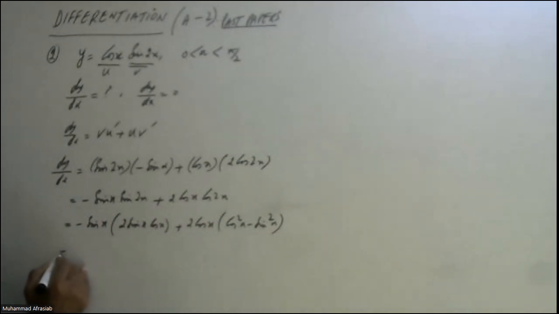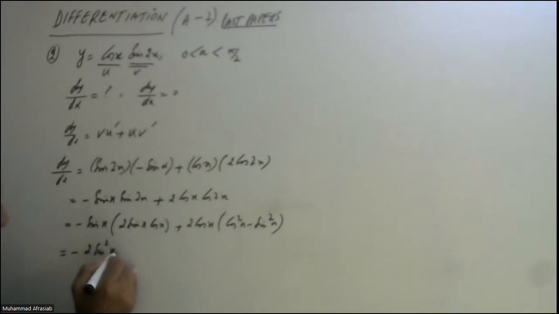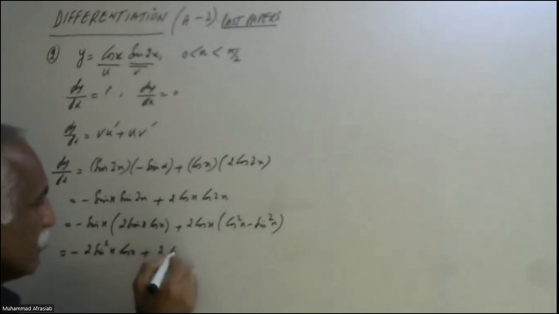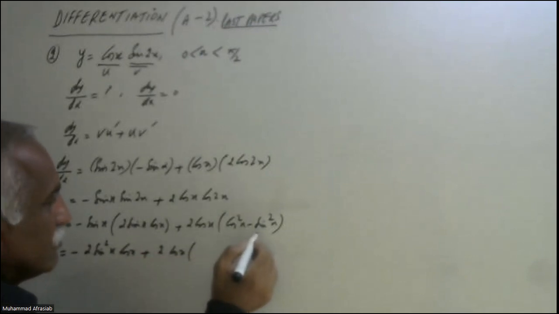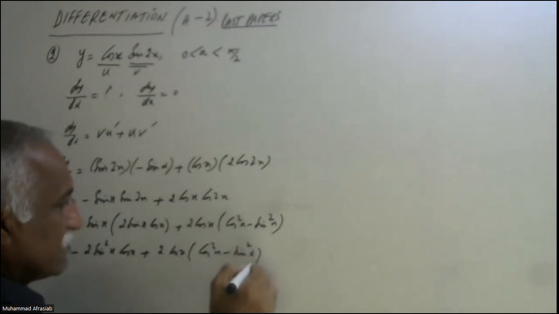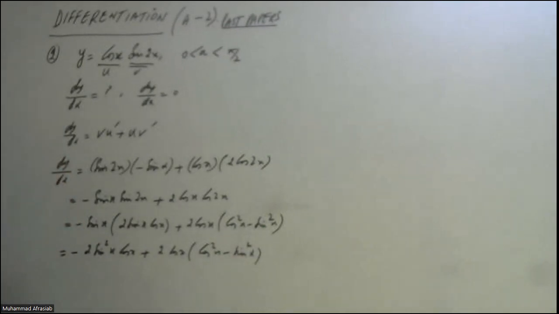This becomes minus 2 sine square x cos of x plus 2 cos of x into cos square x minus sine square x.